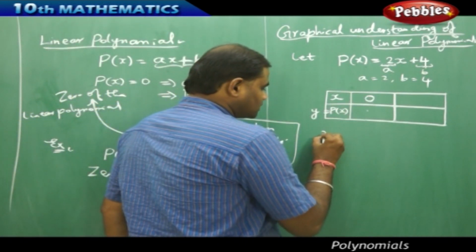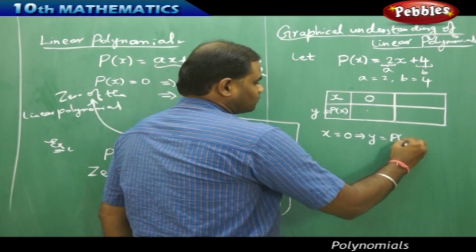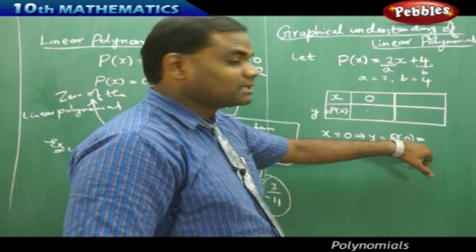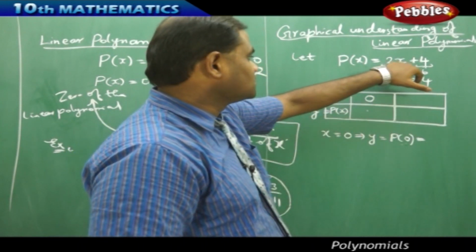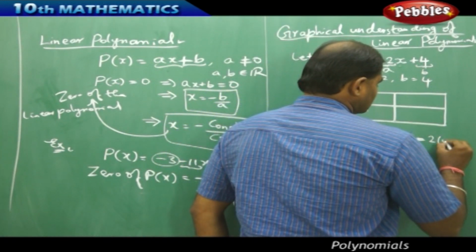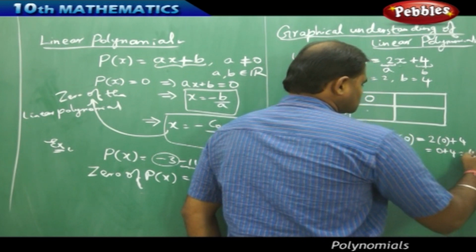So my working out here says when x is 0, y equals p of 0, which will be simply, when x is replaced with 0 on the left, x is equally replaced with 0 in the equation there. So that is 2 times 0 plus 4, which is 0 plus 4, and this is 4.